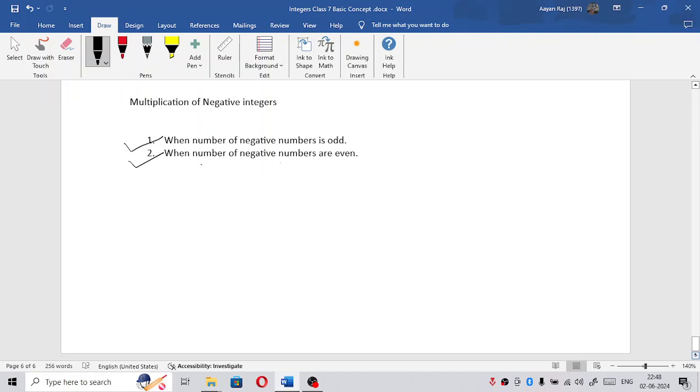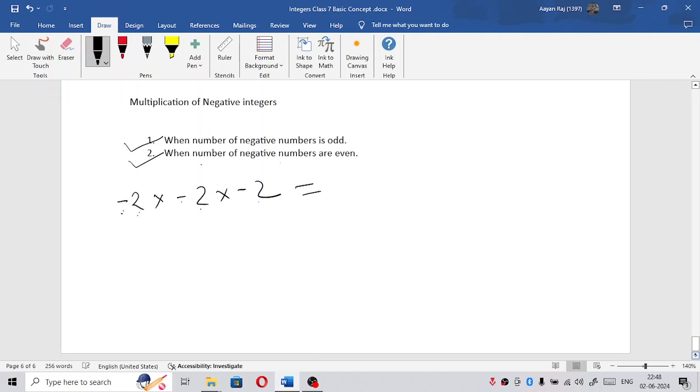So we'll take the first one first. Minus 2 into minus 2 into minus 2. Here all are negative integers, and the number of negative integers is 1, 2, 3, which is odd. So let's see how it behaves.